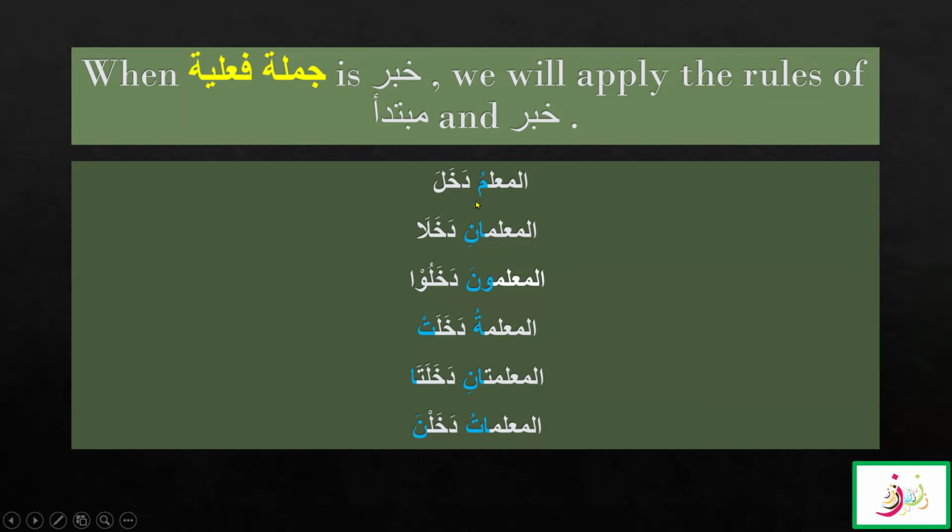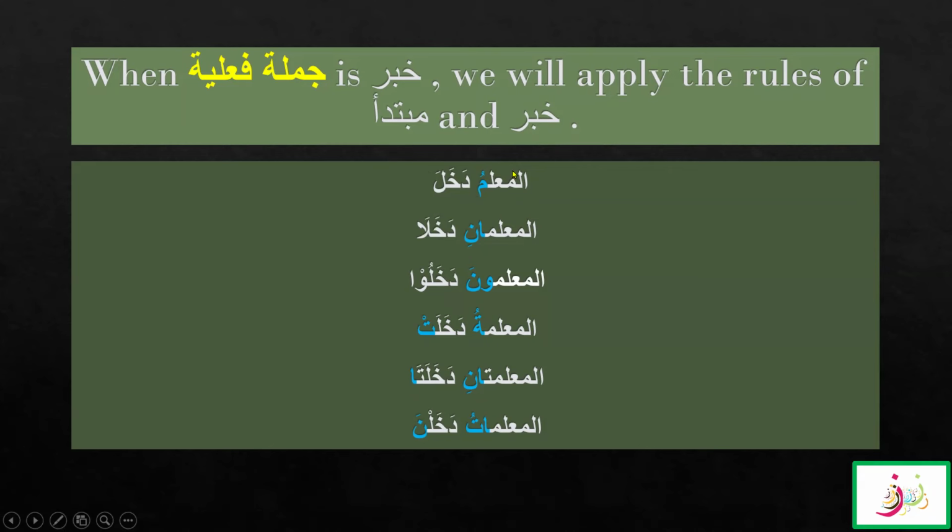So again, when jumla fi'liya is khabar, it should match in gender and number to our mubtada, and you can see how the structure is formed for jumla ismiya, this whole structure. But inside a jumla ismiya, we see a jumla fi'liya itself. Alhamdulillah. So I hope that this concept is clear to you, that we see this whole jumla ismiya, and inside this we can see a jumla fi'liya as a khabar.